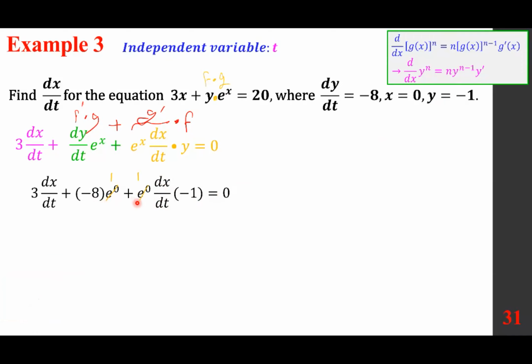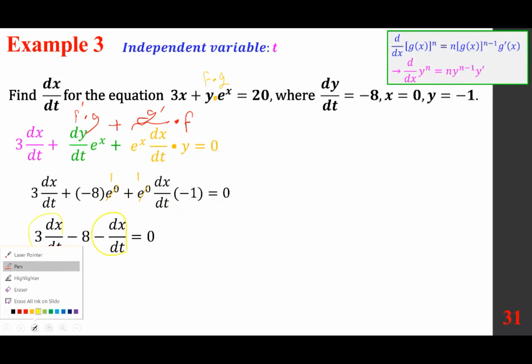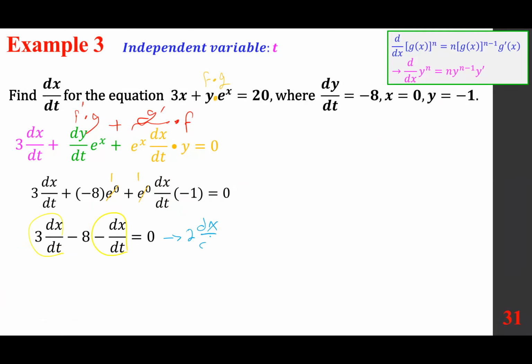This is plus 1 dx dt times negative 1. This is minus dx dt. And we can combine these two to get 2 dx dt. Minus 8 moves, becomes 8 divided by 2 is 4.